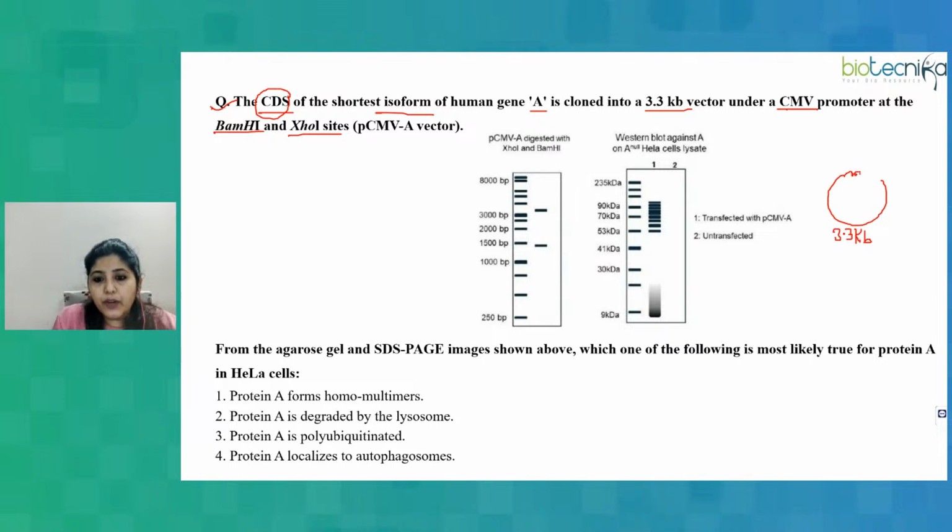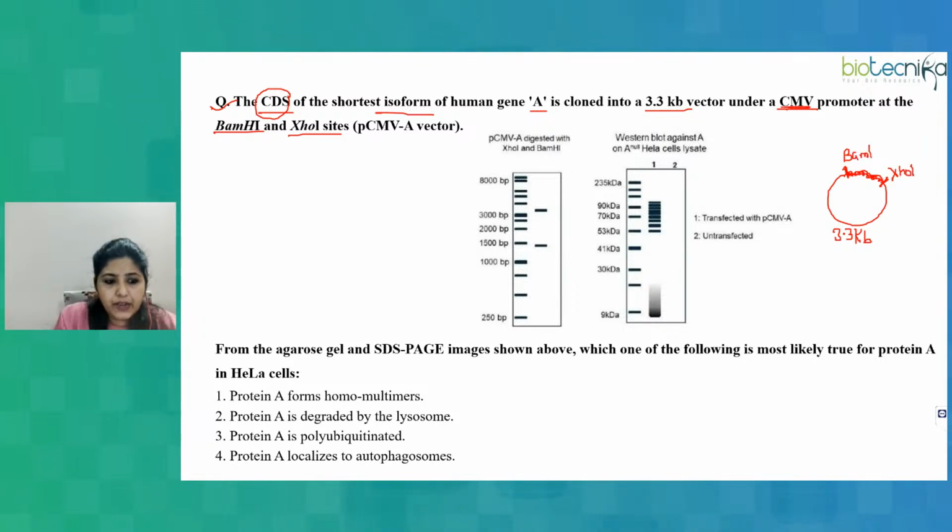They have not mentioned the size of the gene. So this part is the gene, under a CMV, that is cytomegalovirus, promoter at the BamHI and XhoI sites. I'm assuming this is the BamHI site and this is the XhoI site.